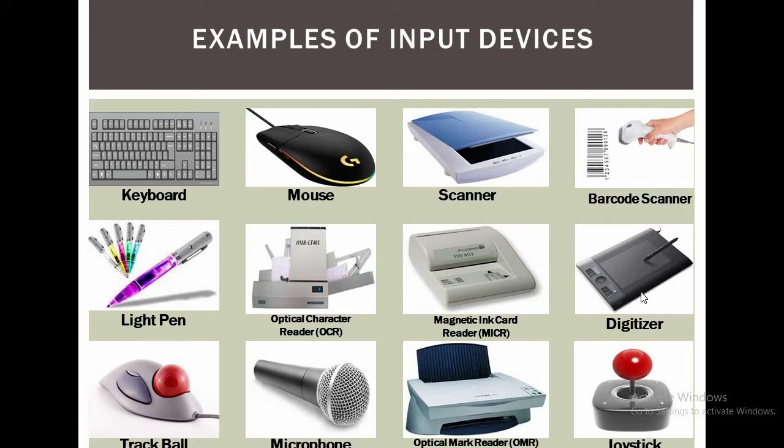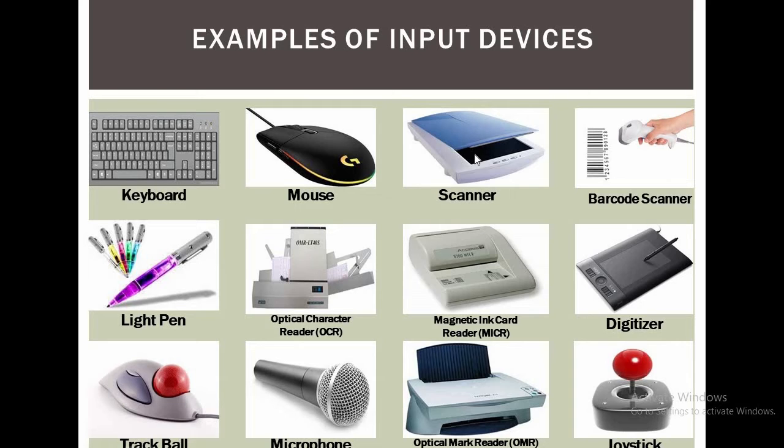So on the digitizer, let me just pick it and explain. I have explained the keyboard and the mouse, and we have the scanner. You know that we have two types of output, two types of information. We have the soft copy, the information that you see on your monitor, and the hard copy, the one that you have through your printer.